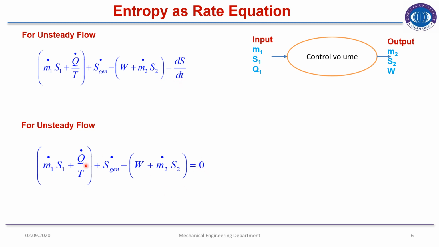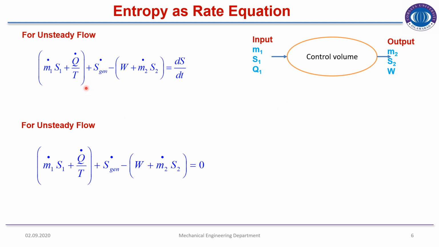On the left hand side the value remains the same, that is m dot 1 s1 plus Q dot by T plus entropy generated minus W plus m dot 2 s2. So m dot 2 and s2 are the mass flow rate and entropy at the exit, whereas m dot 1 and s1 are the mass flow rate and entropy at the inlet. Similarly Q dot is the rate of heat supplied to the control volume.